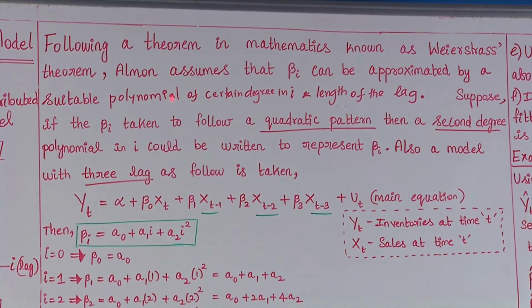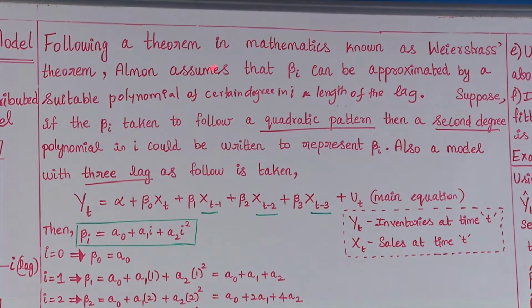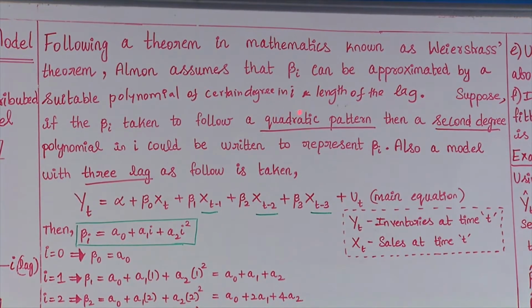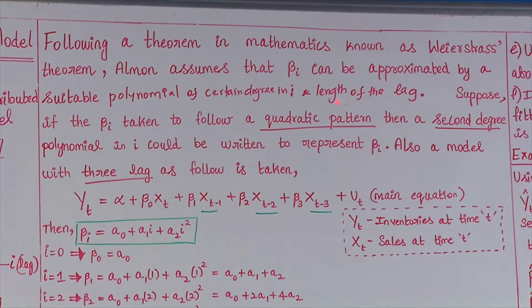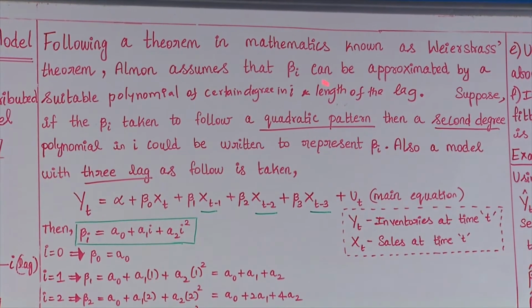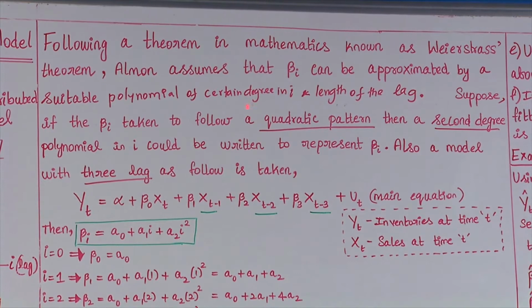Almon proposes to model the effects with two parameters. One is the polynomial degree, and the length of the lag, that is the effect period, is also taken into account. So the two parameters Almon assumes are the degree of the polynomial and the length of the lag.